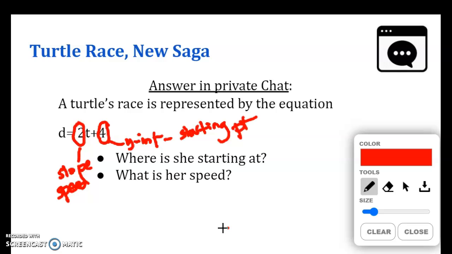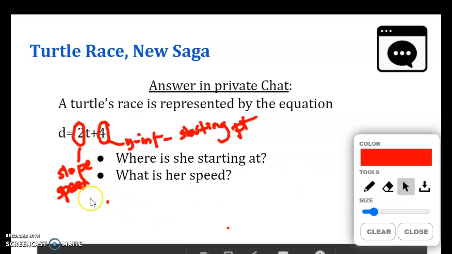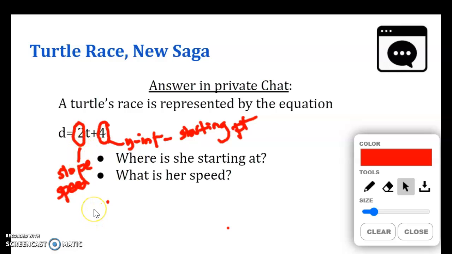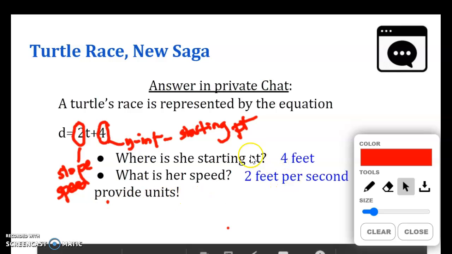So that means this turtle is starting at 4 feet from the start, and it's moving at a speed of 2 feet per second. So it's starting at 4 feet and moving 2 feet per second.